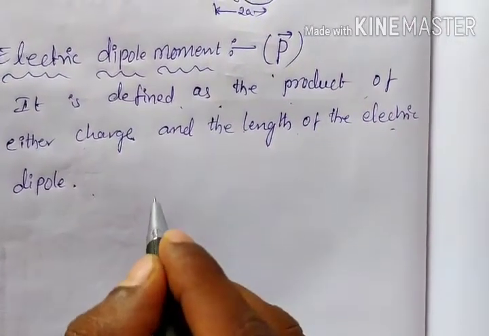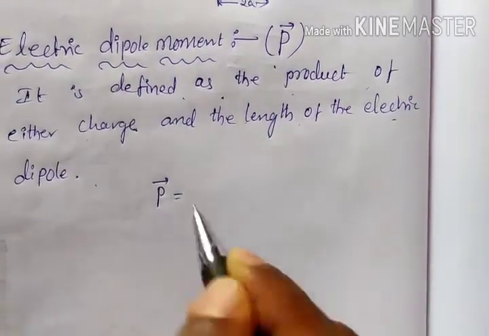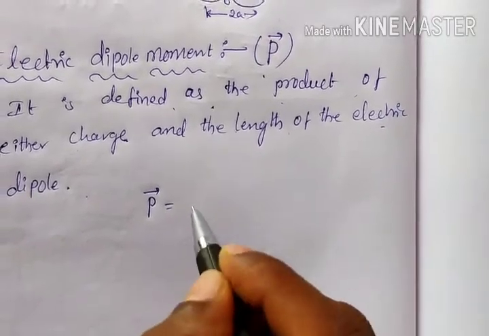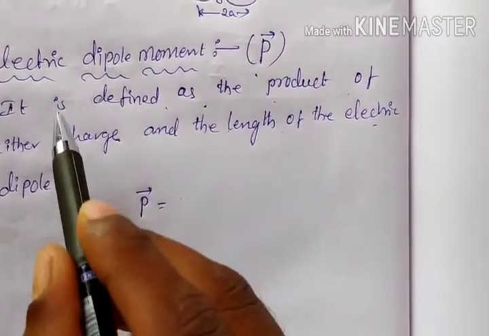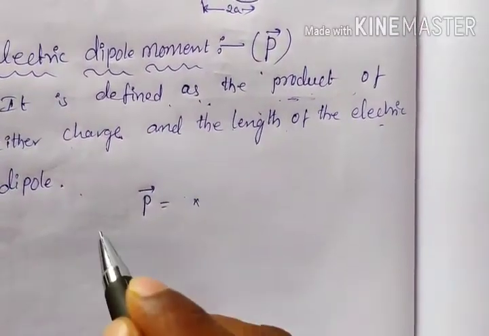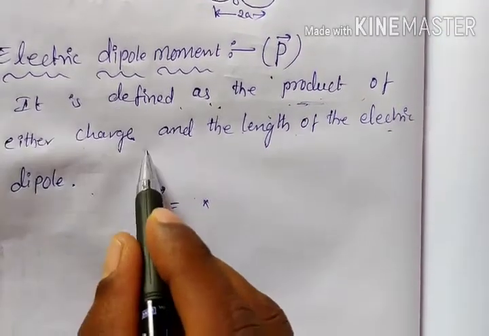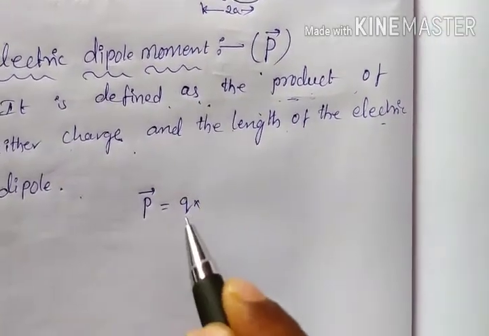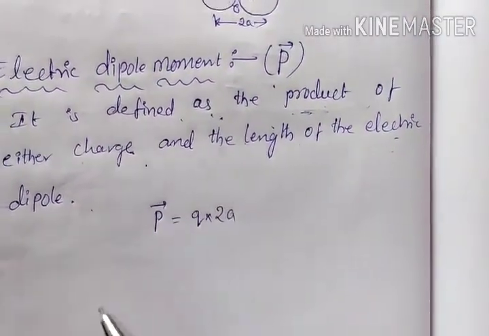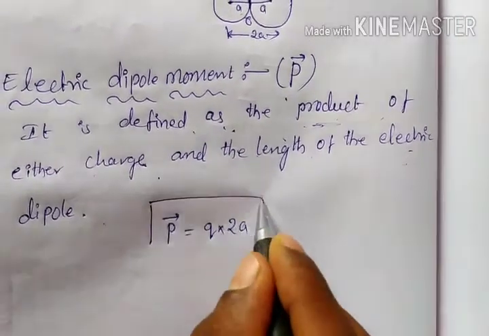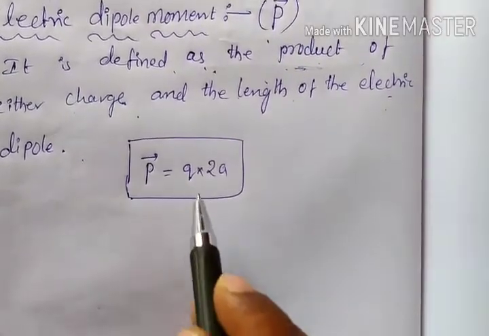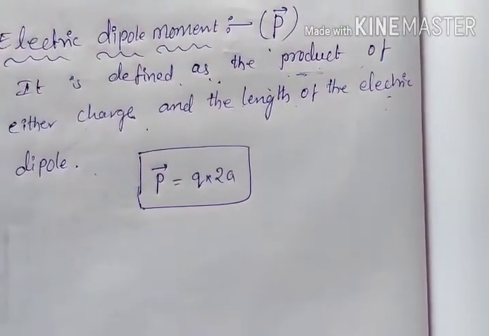The electric dipole moment is a vector quantity, and P bar is equal to the product, a multiplication between two things: either charge, say Q, and the length of the dipole, 2a. So P bar equals Q into 2a.